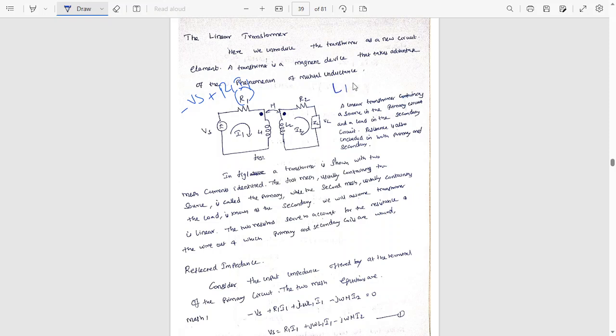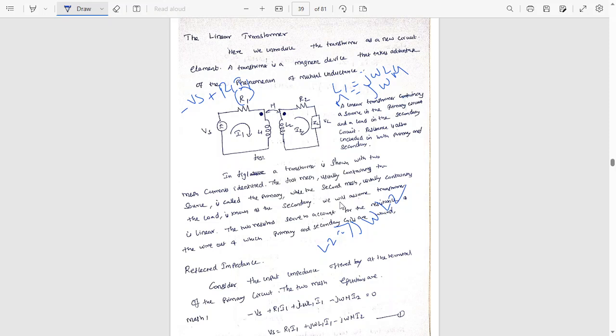So L1 will be written as j omega L1, and M can be written as j omega M, and L2 can be written as j omega L2 in the frequency domain or phasor domain.